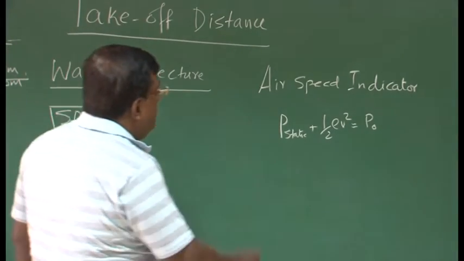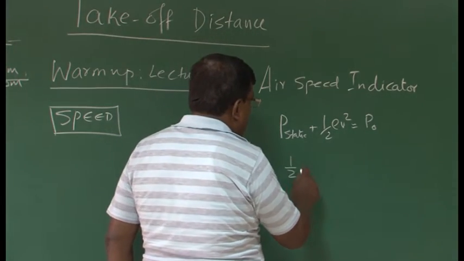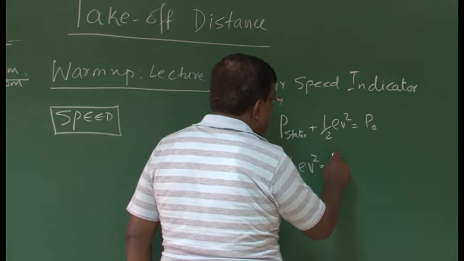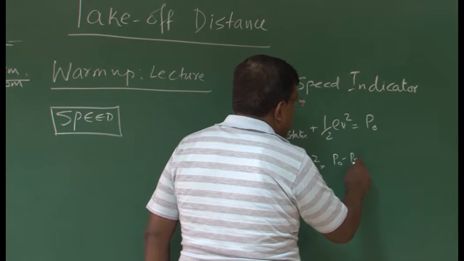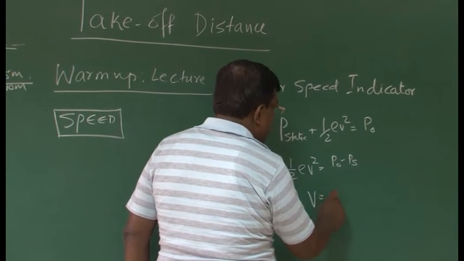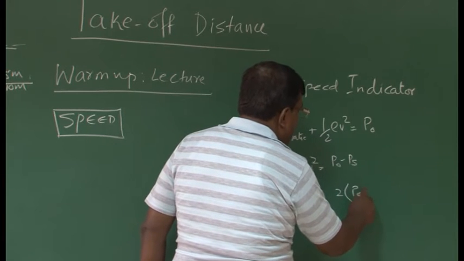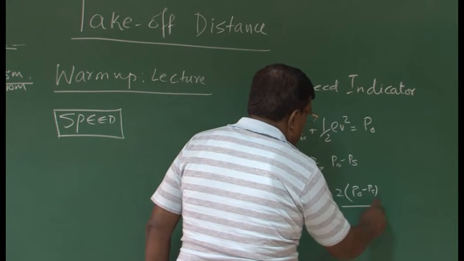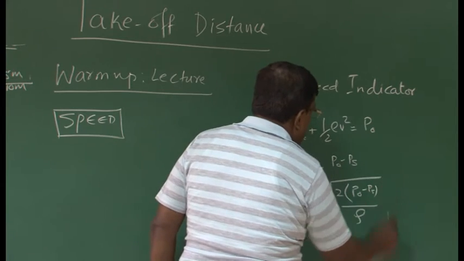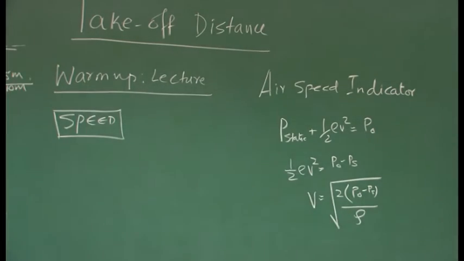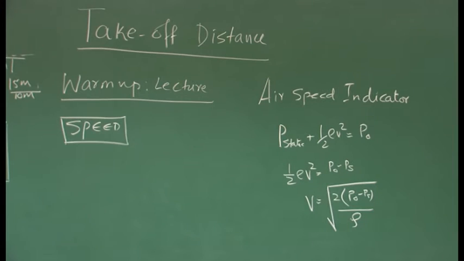And we also know from here that half rho V square is P naught minus P static. So V is under root 2 (P naught minus P static) by rho. Okay? And we have seen that in an airspeed indicator there are 2 inlets.